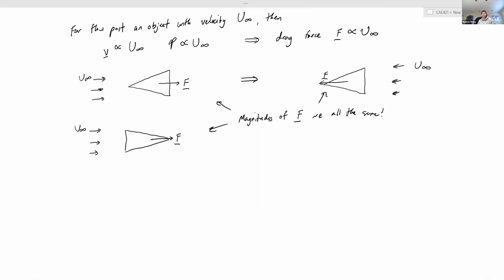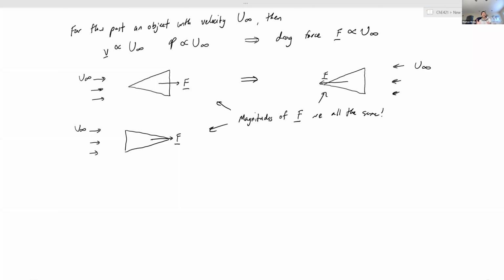What we're saying is that in creeping flow, if I have flow moving into the sharp pointy end of a wedge, that gives me exactly the same drag force as if I were to take the wedge and then flip it 180 degrees, right? That's pretty weird, right?